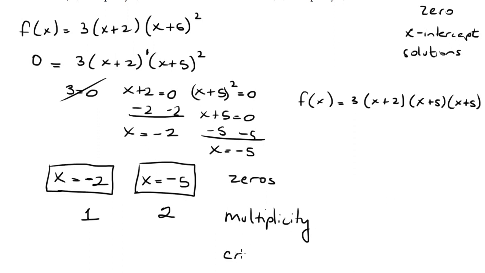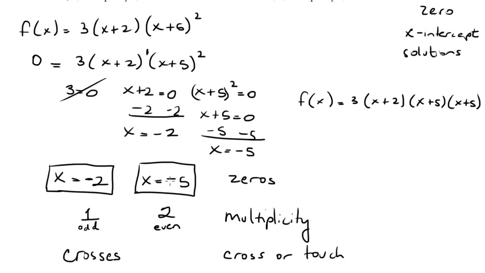Now we need to determine if the graph of the function touches or crosses the axis at the 0. To do that, I look at the multiplicities. 1 is odd, 2 is even. Odd multiplicity means the graph crosses the axis.